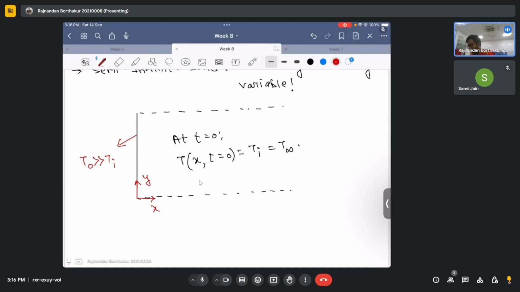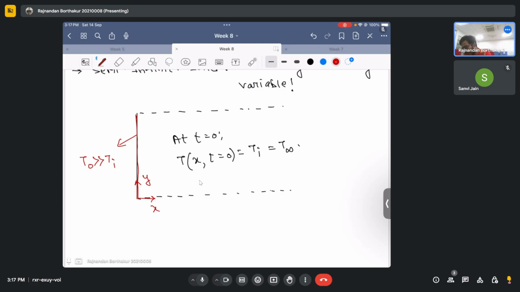So what will happen is the temperature of this face is now subjected to a temperature which is much higher than the room temperature. So what will happen as a result of this? Your temperature front will propagate inside the object.